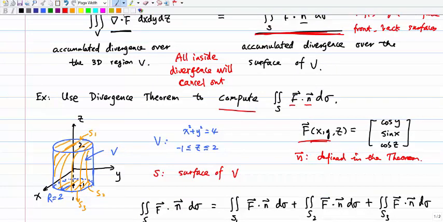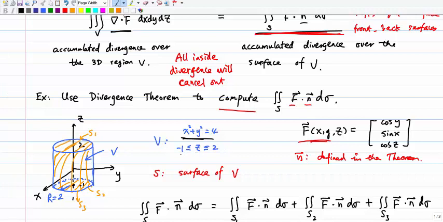Here my S is the boundary of this cylinder, which I draw over here. The cylinder is described by this: the center of the cylinder is the z-axis, and the radius is 2, which means x squared plus y squared is 4.